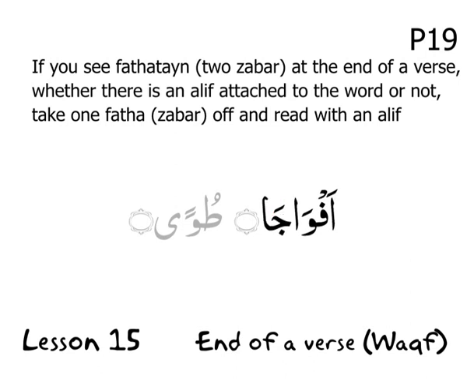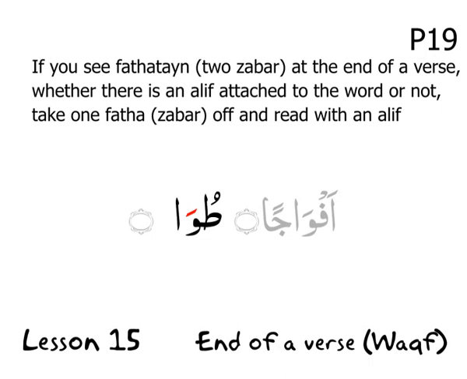It becomes afwaja. You read it with 1 fatha and 1 alif. Next one, tuwan. This one doesn't have an alif, so you have to add the alif and take 1 fatha off.